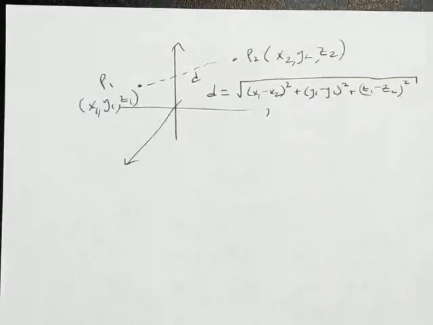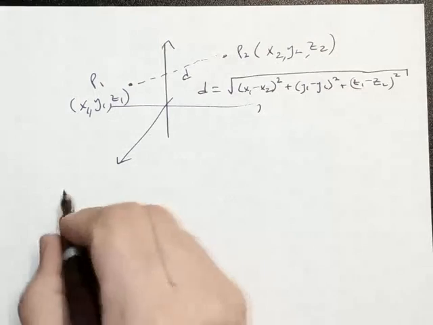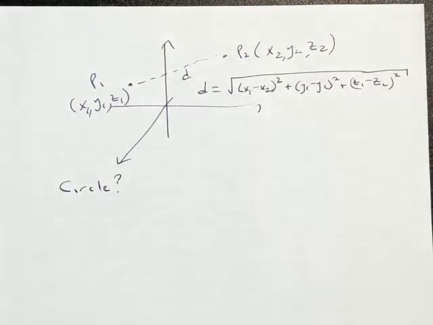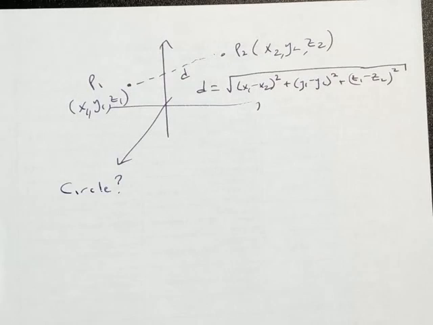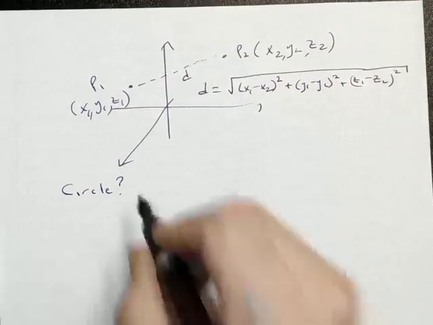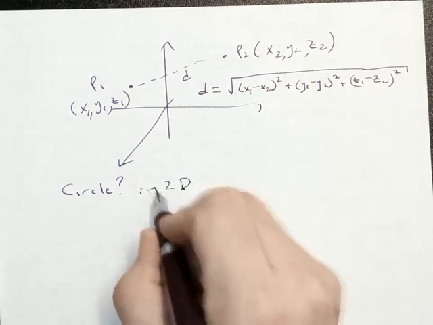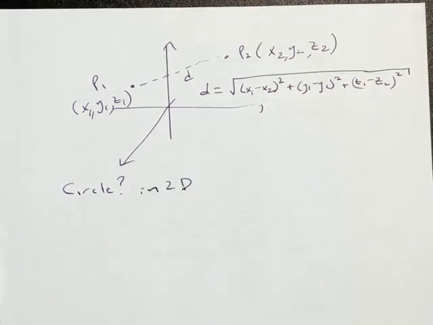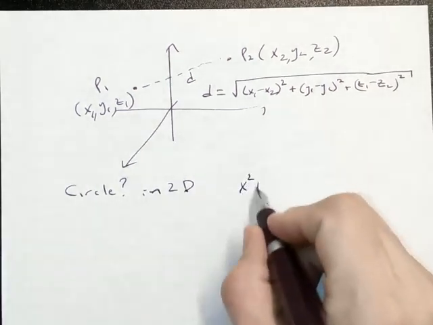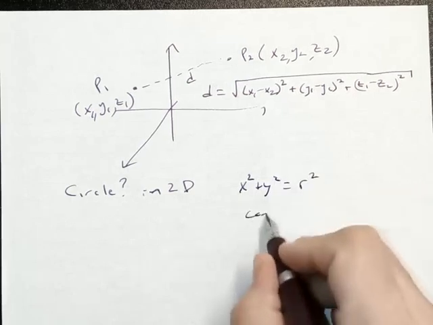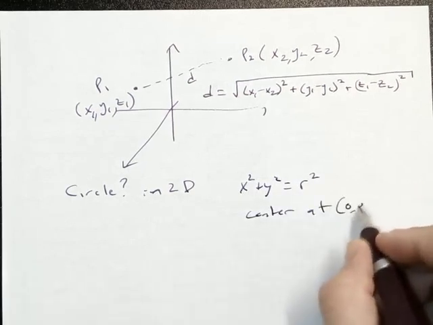I remember distinctly in my algebra class, right after I talked about the distance formula, I talked about circles. So here's a question for you. What's the equation of a circle? In x and y. Don't worry about z at the moment. Let's do a circle in 2D. That one has the center at the origin.